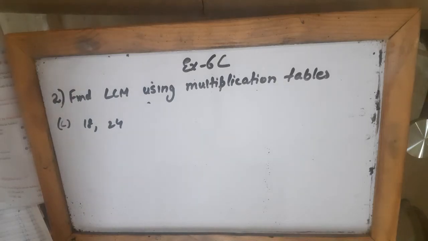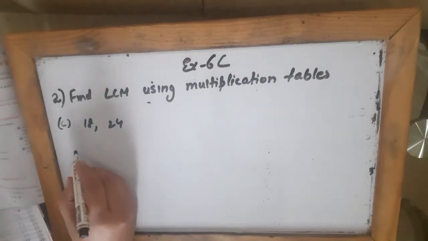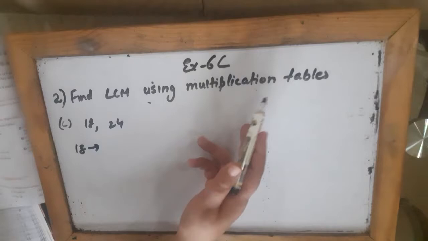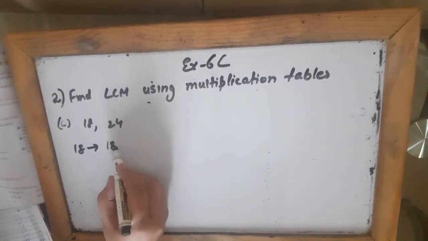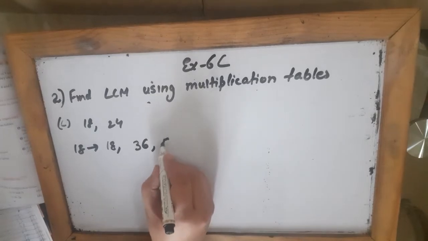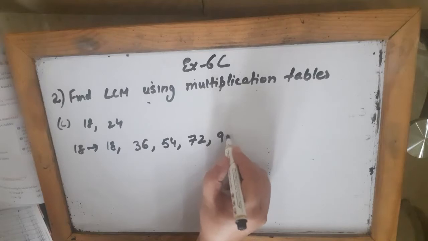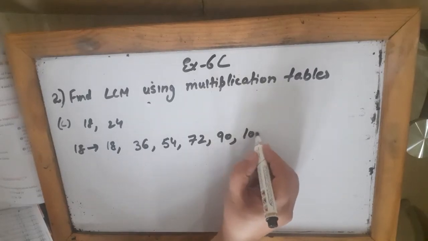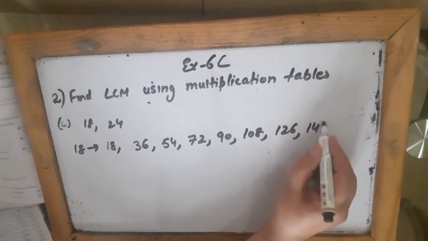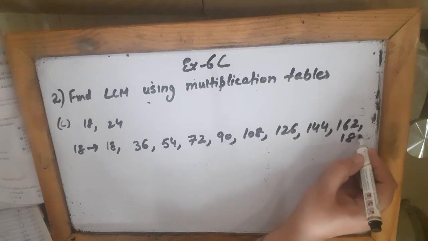Now let me take the C part again, 18 and 24. So I will write the table of 18. I'll write the multiples of 18 using the multiplication table: 18 ones are 18, 18 twos are 36, 54, then 4s are 72, 5s are 90, 6s are 108, 7s are 126, 8s are 144, 9s are 162, and then 180.